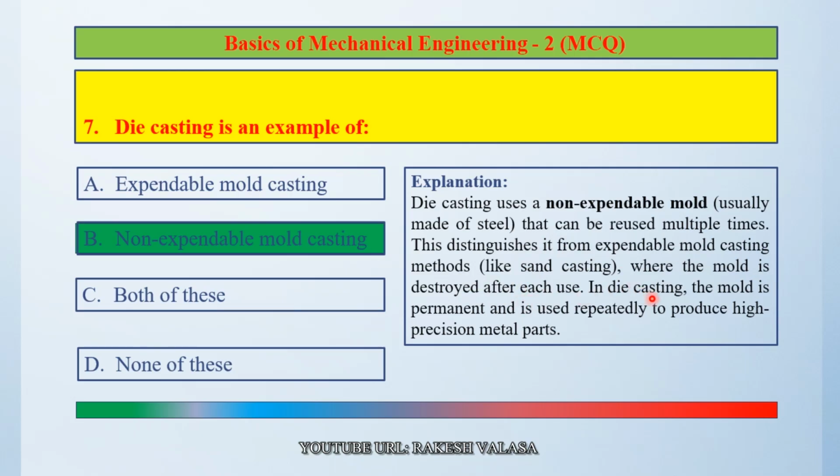In die casting, the mold is permanent and is used repeatedly to produce high precision metal parts. So the correct answer is option B non-expandable mold casting.